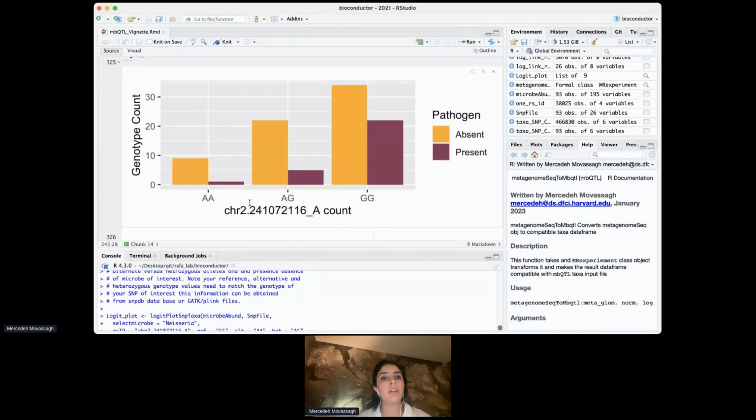And then it was also, I think, 20 SNPs, because it was a result of a GWAS. As you can imagine, as you increase the number of your SNPs, so if you were to put your whole genome sequencing results in there, it would take more. But I've done around 1,000 SNPs with around 500, 600 taxa. And the longest was a logistic regression that took like 3 minutes to run. Other than that, it was pretty fast.